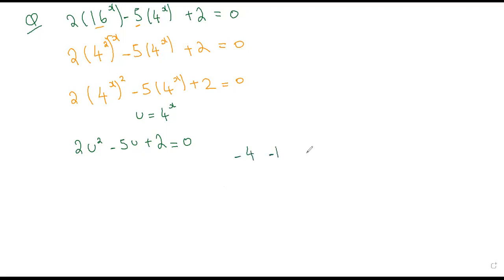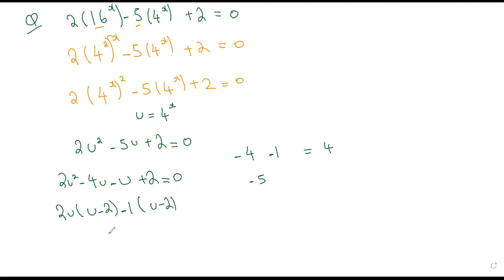When you multiply them, you will get 4. When you add them, you will get minus 5. So this would be 2u square minus 4u minus u plus 2 equals 0. I can take 2u common, u minus 2, minus 1 common, u minus 2 equals 0. Now my two factors are 2u minus 1, u minus 2 equals 0. And one value of u is 1 by 2 and the other value of u is 2.